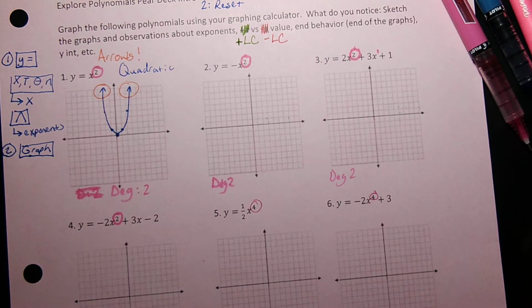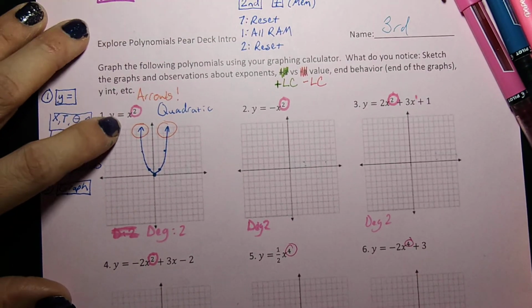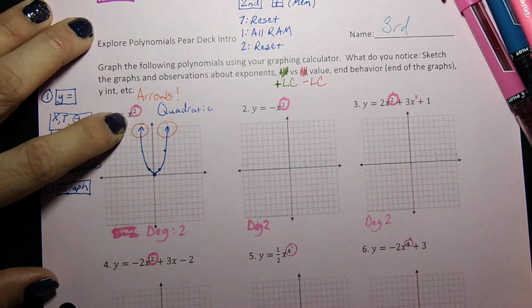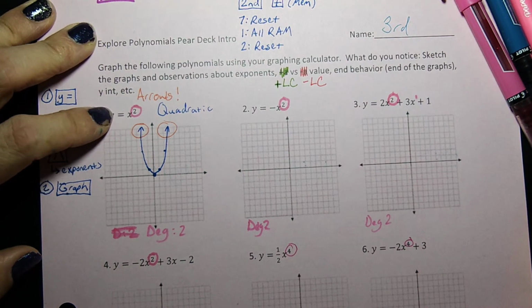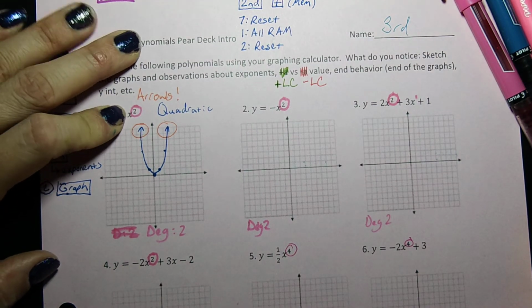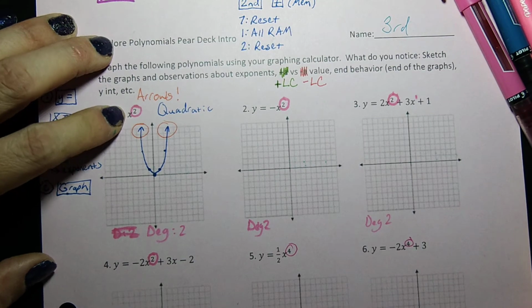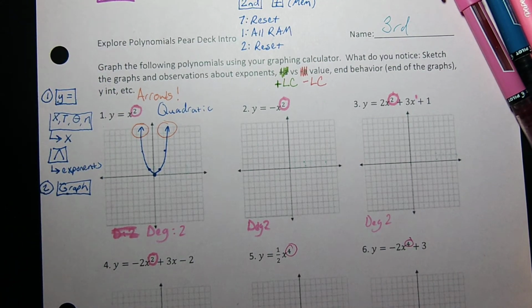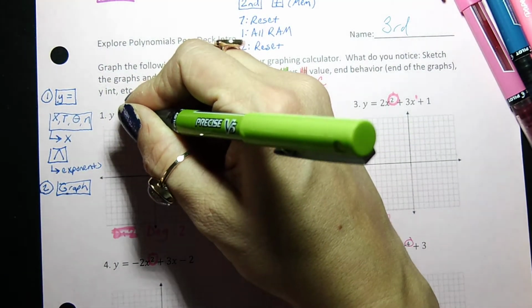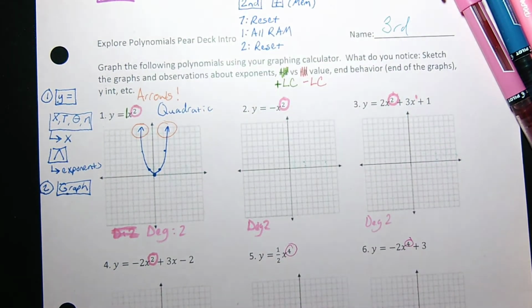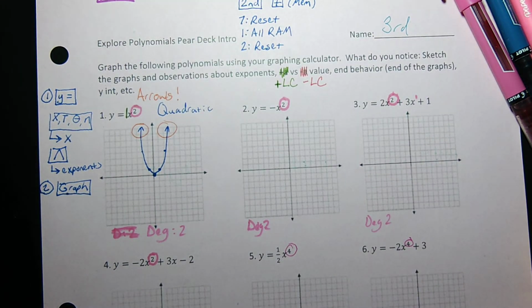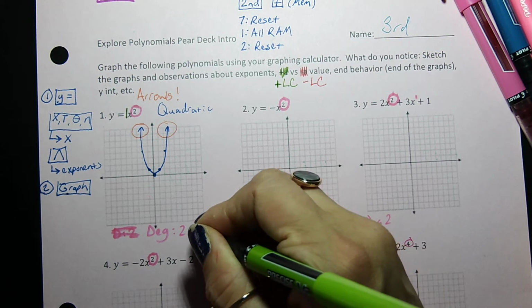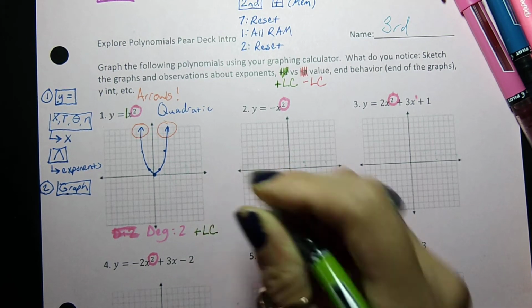So folks, looking at this first one again, what would you say is the leading coefficient of this? What's the coefficient of x squared? It's 1. It's got an implied coefficient of 1, and 1 would be positive. So positive leading coefficient.